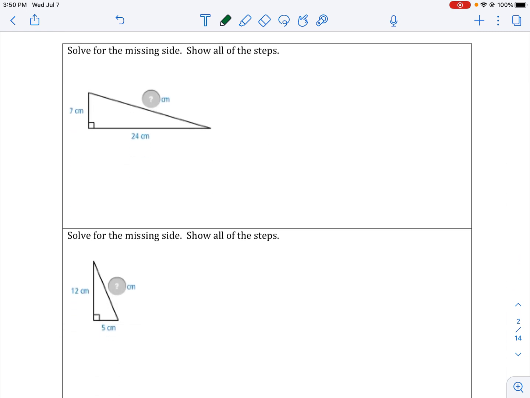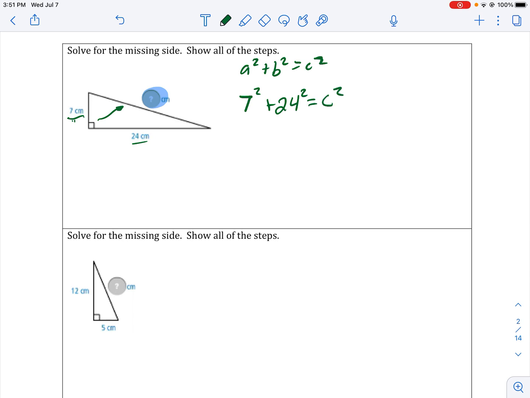So let's try this one again. The side I'm trying to solve for is the hypotenuse, because I know that it's opposite my right angle, and it looks like it's the longest of the three sides. So I'm going to first write the Pythagorean theorem. Now I'm going to substitute values in for A and B because I have the legs. A squared plus B squared equals C squared.